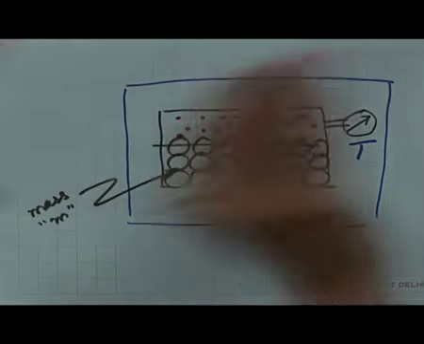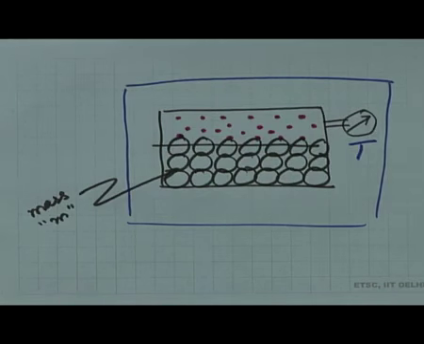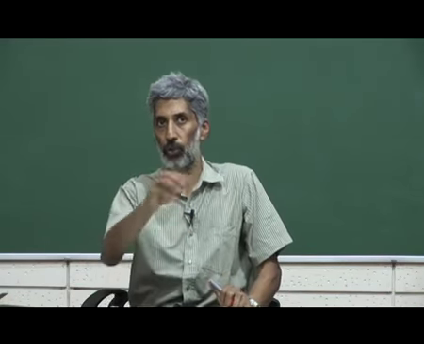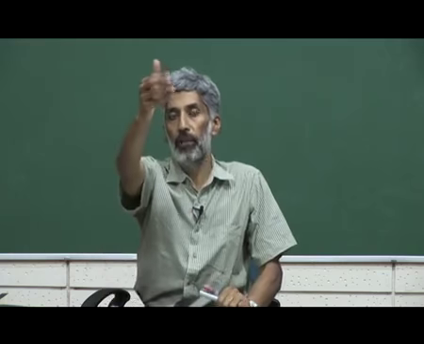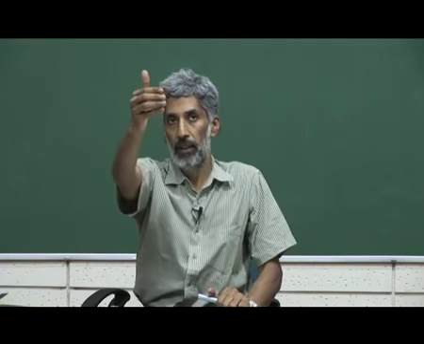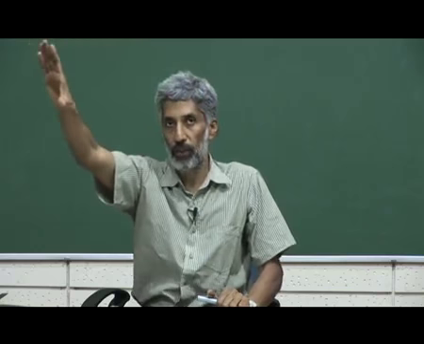So, if I have a larger surface area, then I will have more gas in the gas phase get adsorbed onto the solid surface. And what we are going to now try and do is to look at how much mass of the gas on top of the surface gets adsorbed onto the surface per unit mass of the solid that we have. That is the experiment that we do.